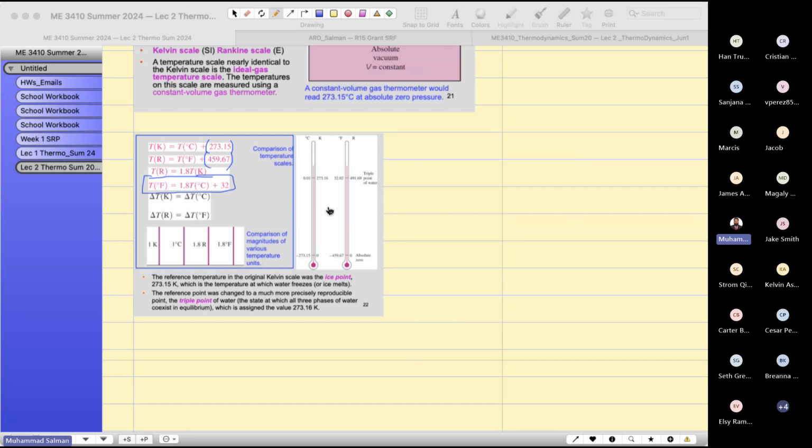I sent a wrong Teams link, that's why students are unable to join the class. Okay, the calendar is this thermal lecture.